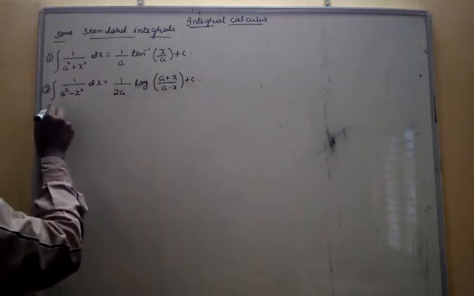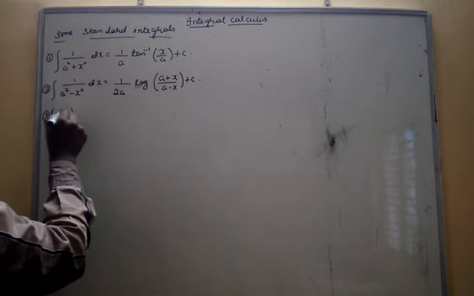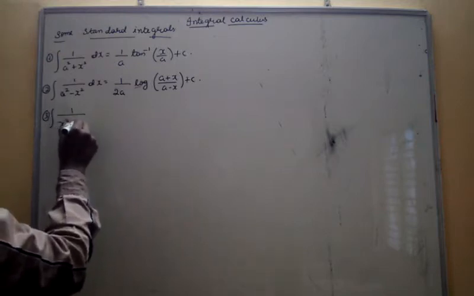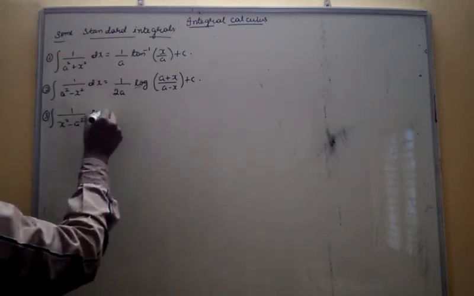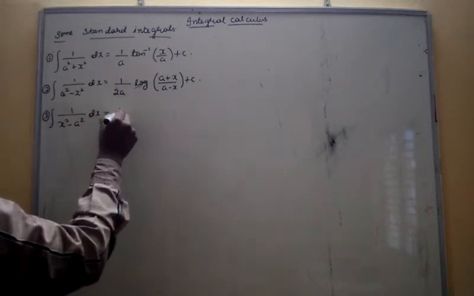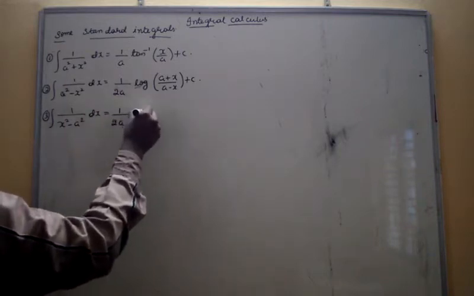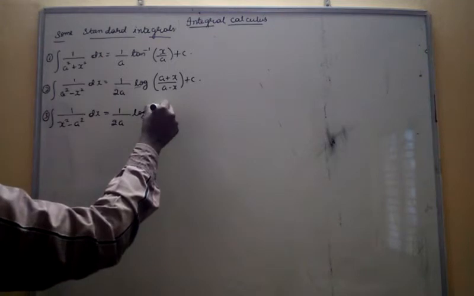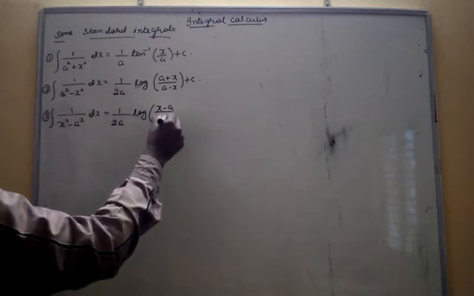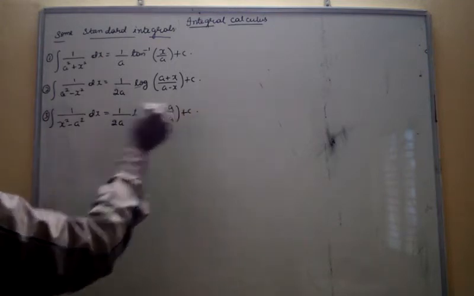The next one, integration of 1 by x square minus a square dx is equal to 1 by 2a into log of x minus a by x plus a plus c.